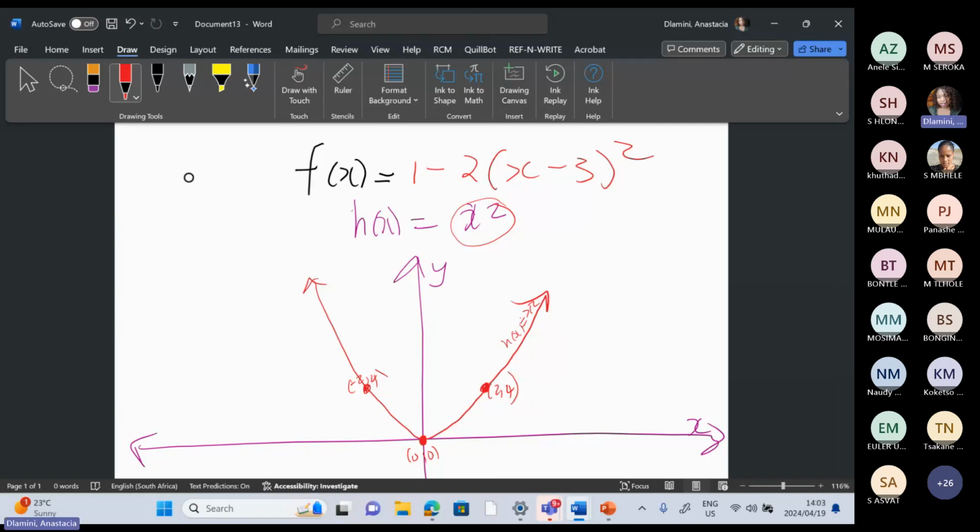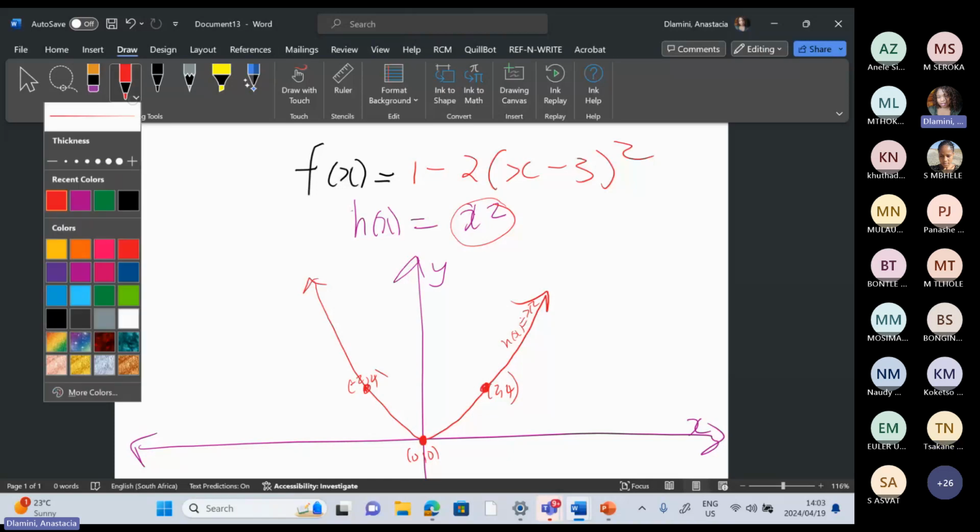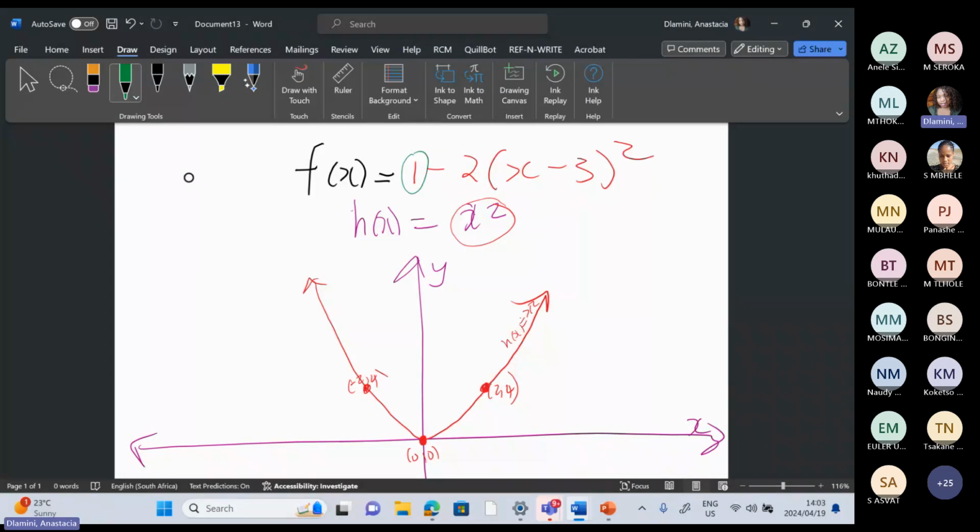You can start with any transformation you want. We can see that it has shifted 1 unit up. Okay, let's do shifted 1 unit up. So our green graph, let's call it g of x, is equal to h of x plus 1. It means it's x squared plus 1.